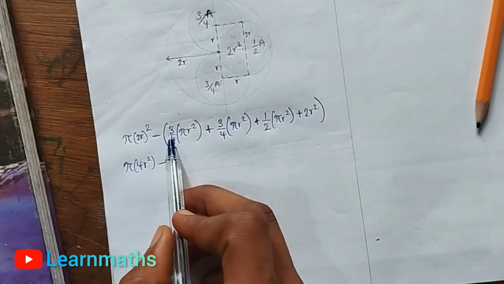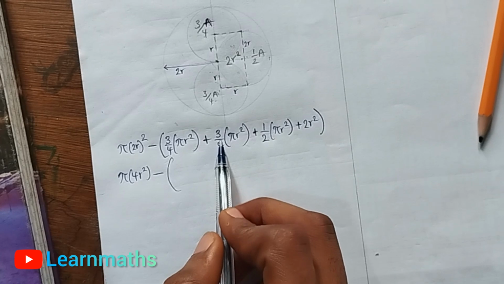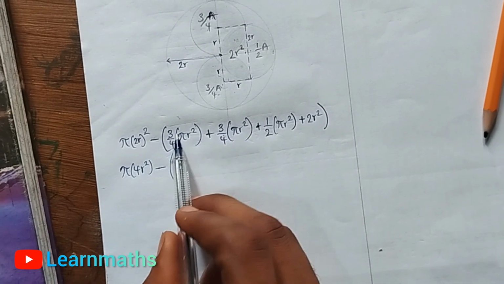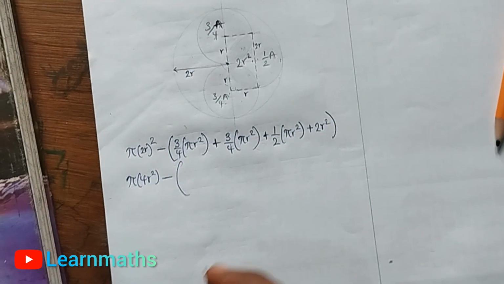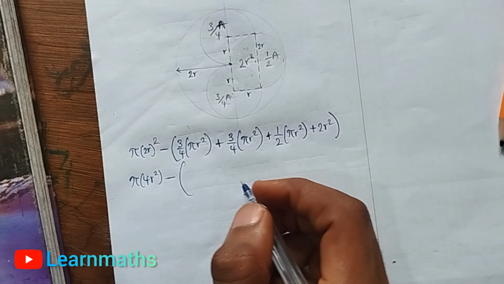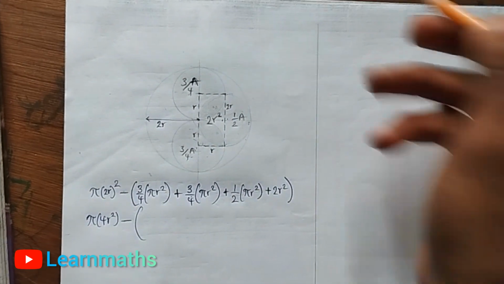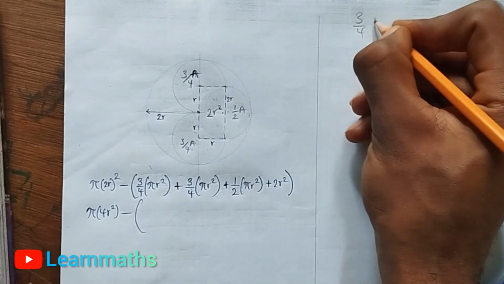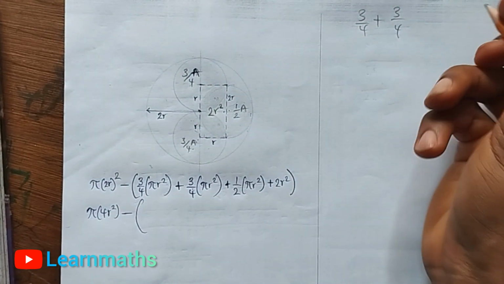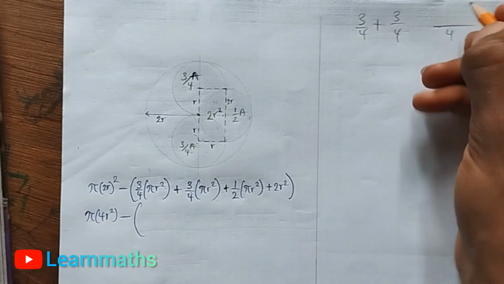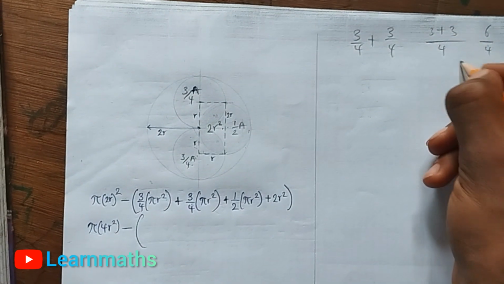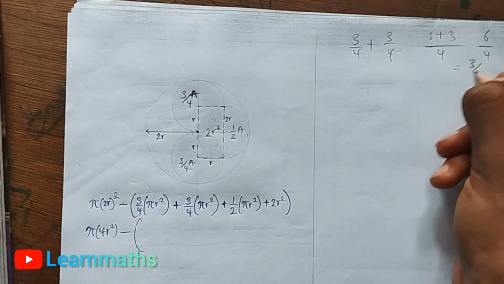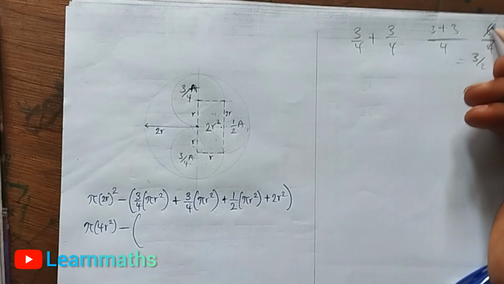So we're having 3/4. If you put these two together, we're having 3/4 pi r squared. We also have another 3/4 pi r squared. That's going to be 3/2, right? If you sum up these fractions, 3/4 and 3/4, of course, that's going to be 3/2.